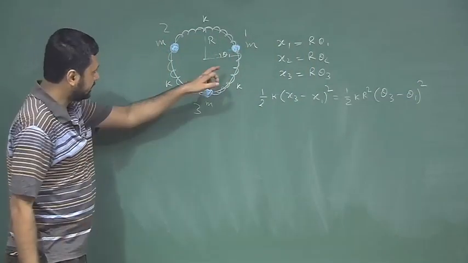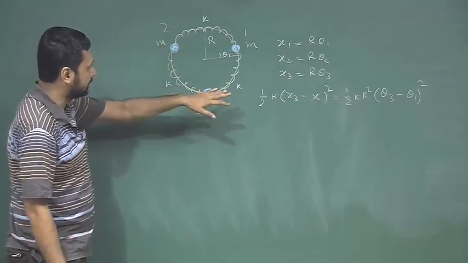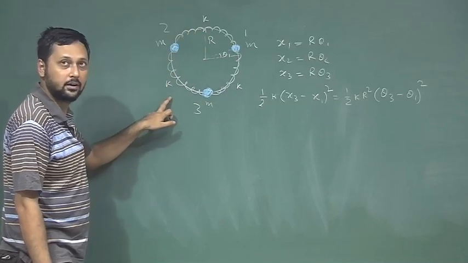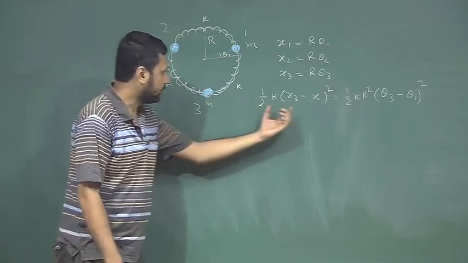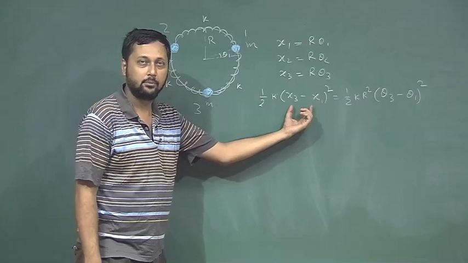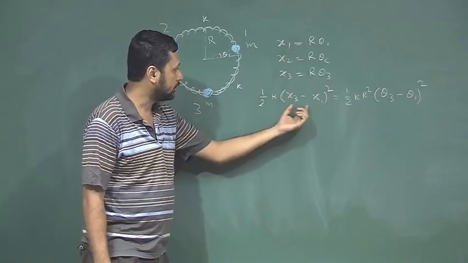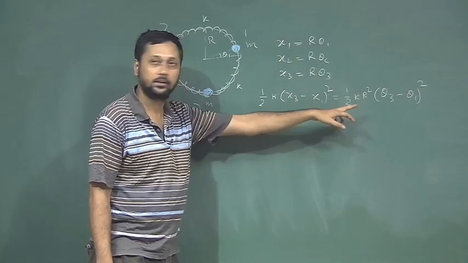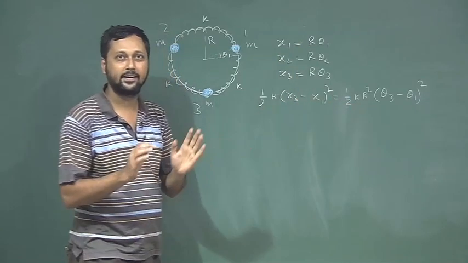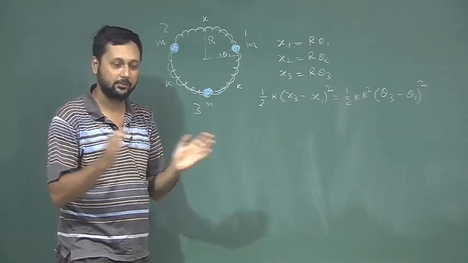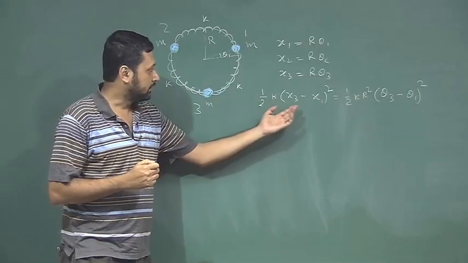Similarly, we can write similar expressions for the 2 other springs. So, what we are doing? We are looking at the compression of the spring, but using these relations to change this compression into angular displacements. So, we are writing this compression or expansion of a spring in terms of the angular displacements.